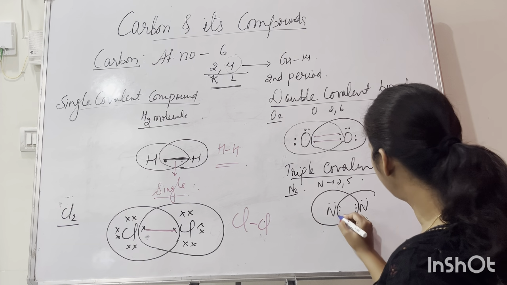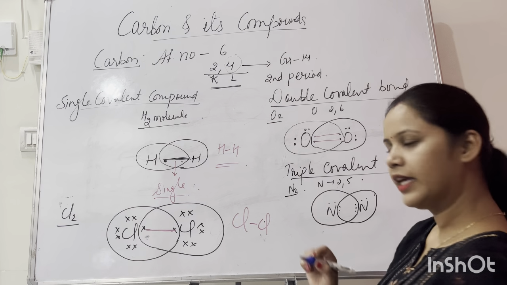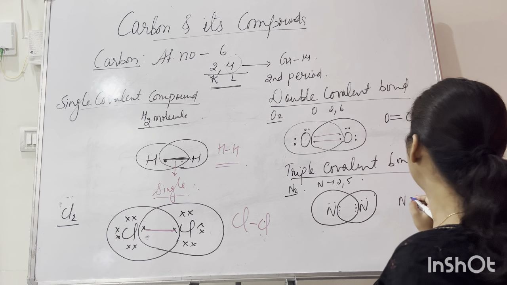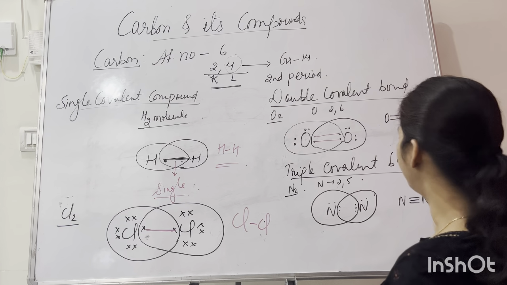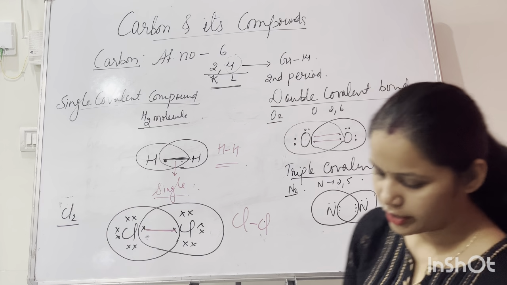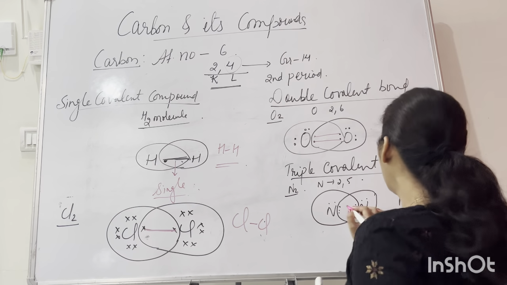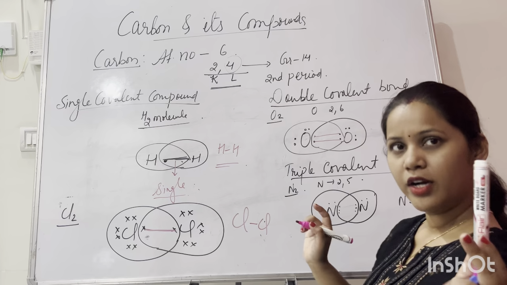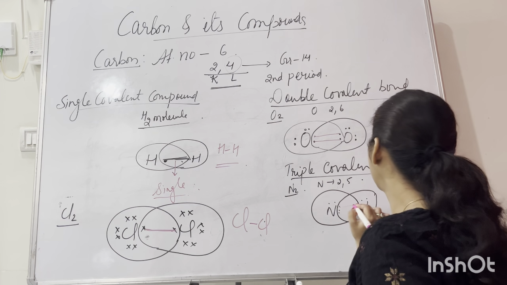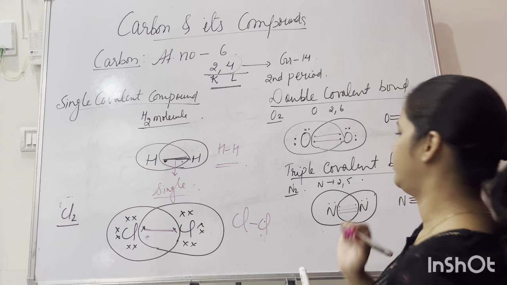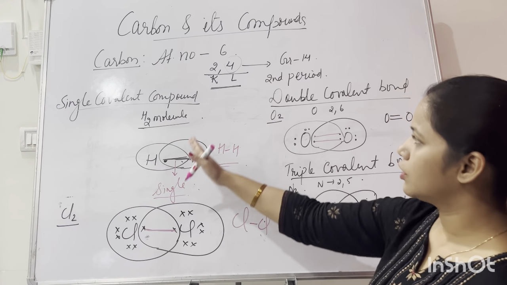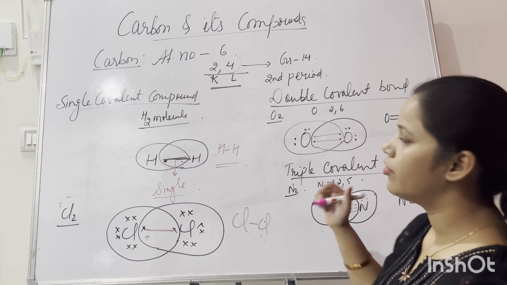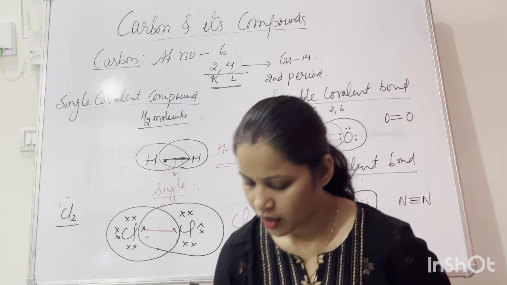Likewise, this nitrogen will also share 3 electrons. So between two nitrogen, there is a triple covalent bond. One bond means 2 electrons. So this is single covalent bond, double covalent bond and triple covalent bond.